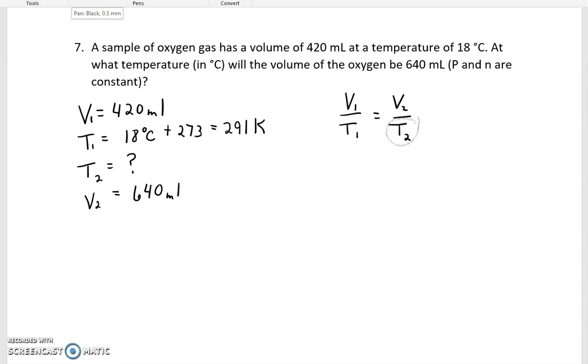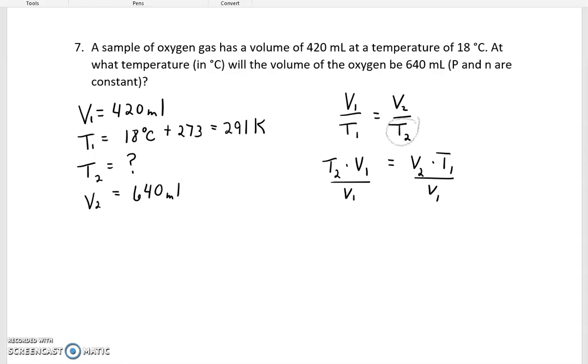So if we cross multiply, we get T2 times V1 is equal to V2 times T1. All I've done is cross multiply. That gets rid of our unknown being in the denominator. So now we've got it all on a line and we can deal with it better. We are still going to need to get T2 by itself though. So we'll divide both sides by V1.